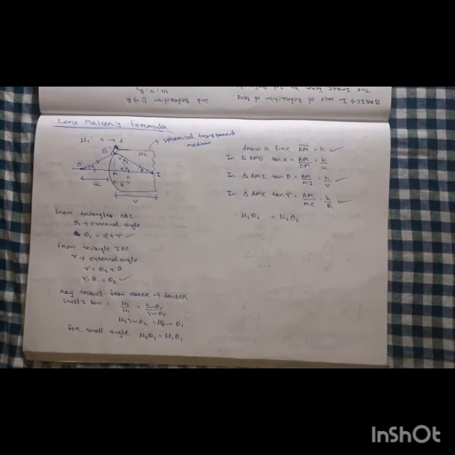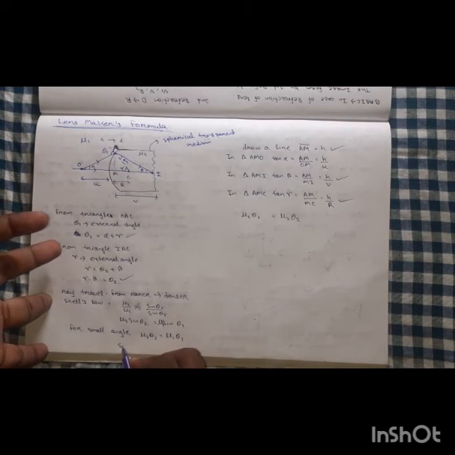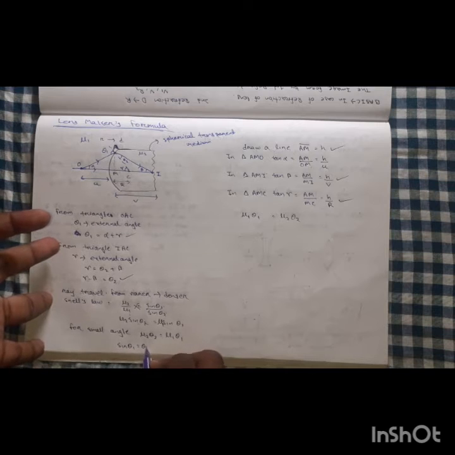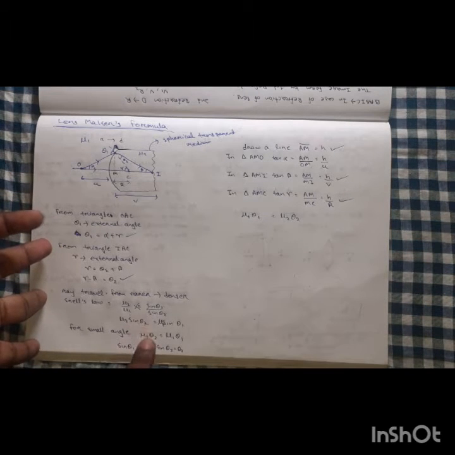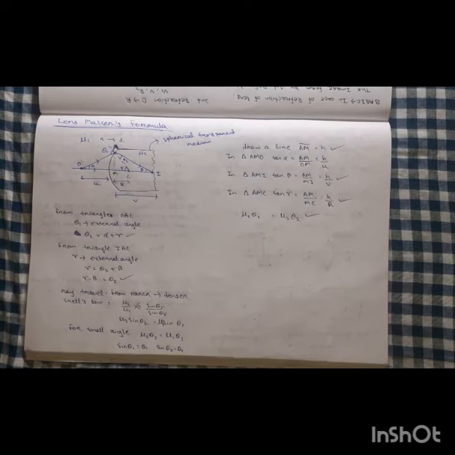Then, cross multiplication, mu 2 into sin theta 2 equal to mu 1 into sin theta 1. For small angle, we can consider sin theta 1 equal to theta 1, sin theta 2 equal to theta 2. Yes or no? So in the place of sin theta 2, I replace theta 2. In the place of sin theta 1, I replace theta 1. Then, mu 2 theta 2 equal to mu 1 theta 1. Okay? Yes or no?